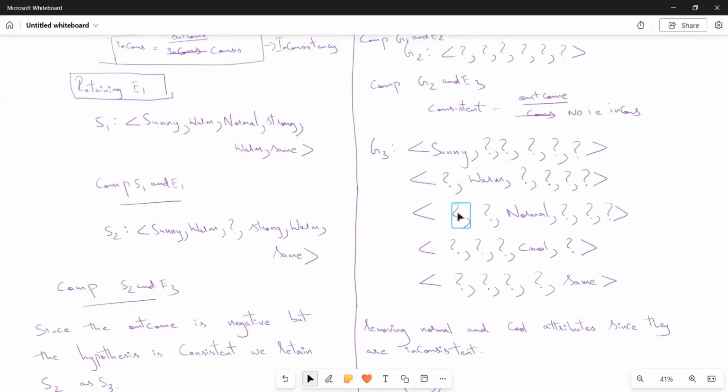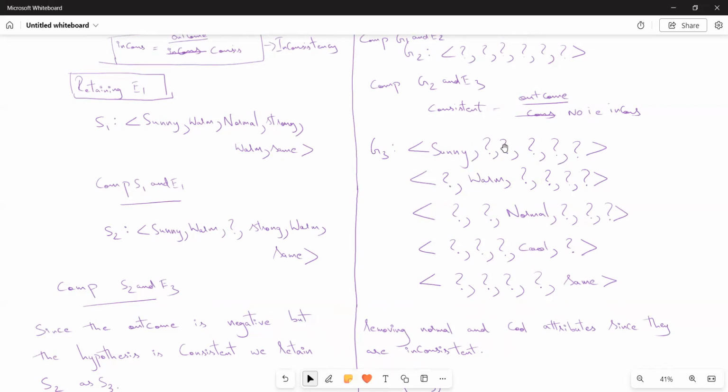When it is inconsistent in the specific, we simply retain. When it is inconsistent in the generic, we divide it into its individual specific values. Instead of a single hypothesis, it is divided into single specific values, as you can see here.